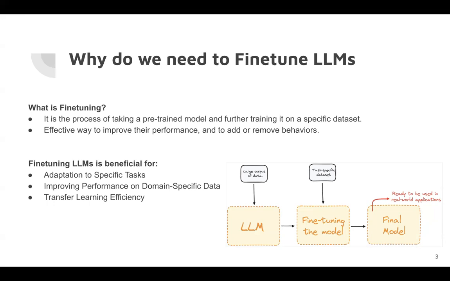Fine-tuning will allow us to mold these general capabilities into specialized tools tailored for specific tasks such as summarization, sentiment analysis, or even answering medical questions and for specific data sets. This process is not only an effective way to enhance performance, but also crucial for adapting models to domain-specific requirements, thereby increasing their practical utility and efficiency in real-world applications.